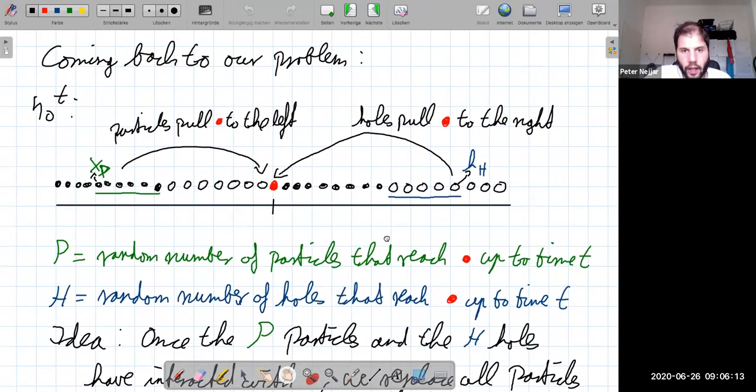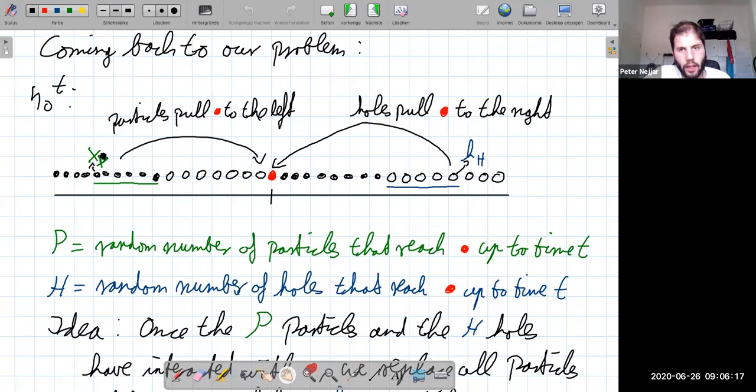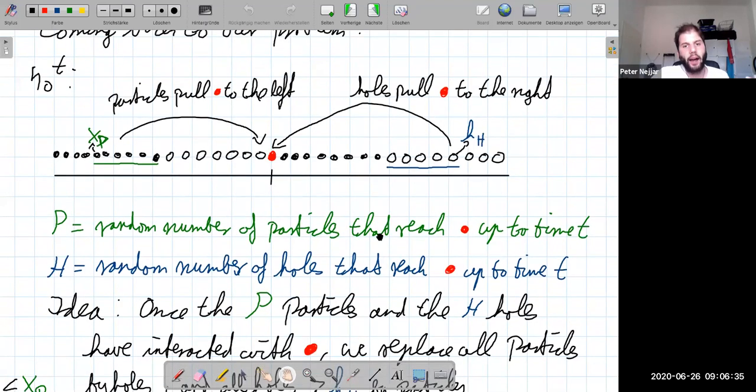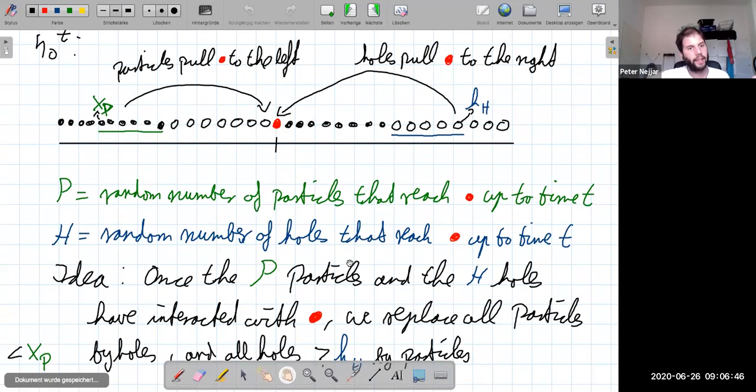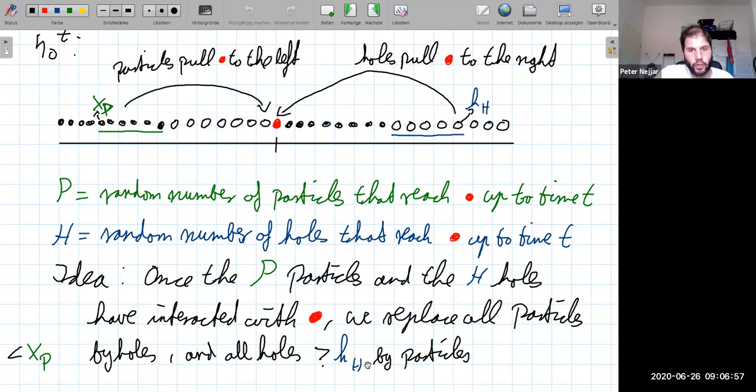The idea is that once this particle x_P and this hole h_H have reached the second-class particle, no new particles and no new holes arrive and interact with it. So I should be able to replace all particles to the left of the particle x_P by holes, and all holes to the right of position h_H by particles, and this replacement should not change the behavior of the second-class particle.